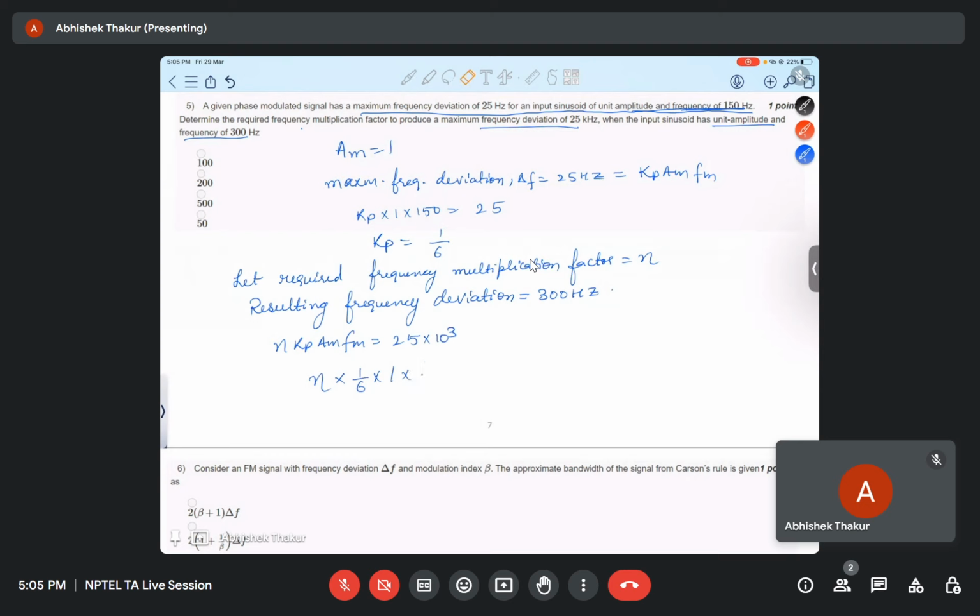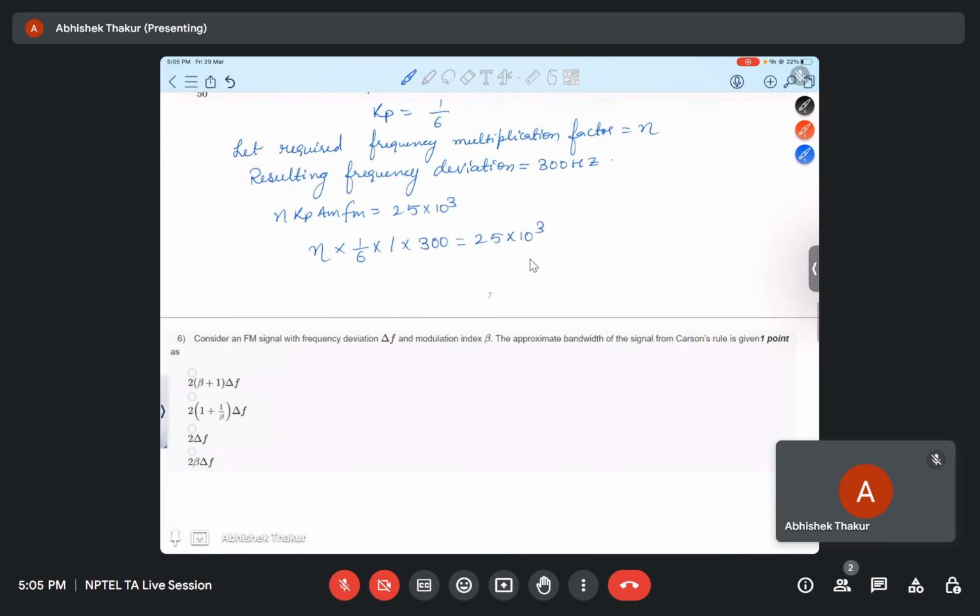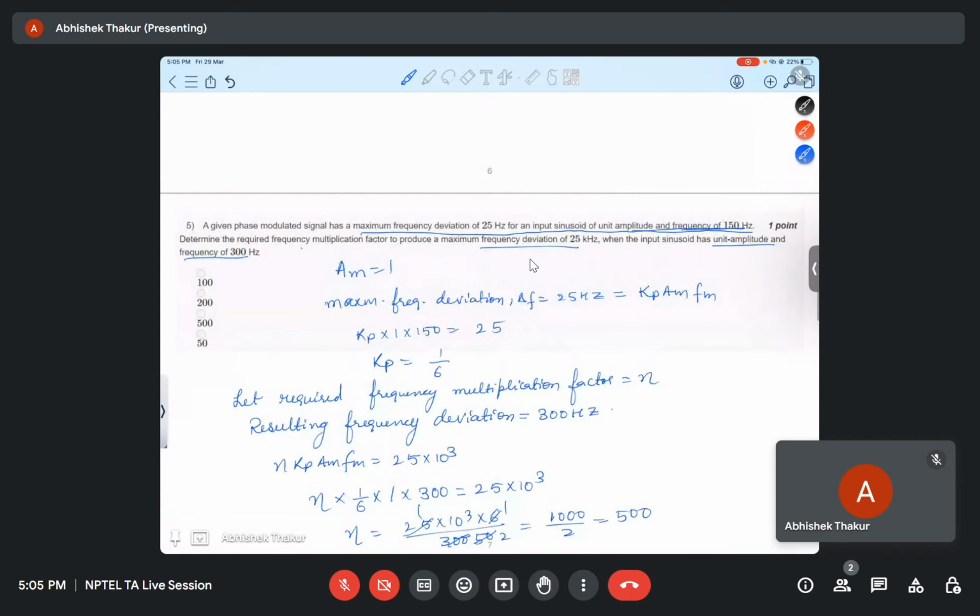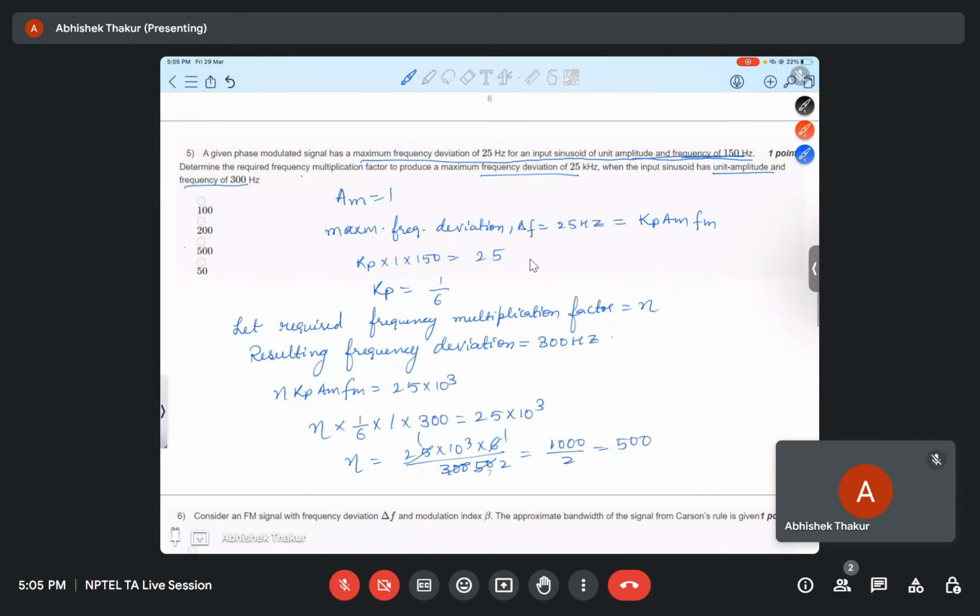So we will substitute all these values. That is equal to 25 into 10 to the power of 3. Now we have to find n. After taking these terms to the right hand side, we will get 1000 by 2. So the value of n is 500. So the correct answer for this question is option C, that is 500.